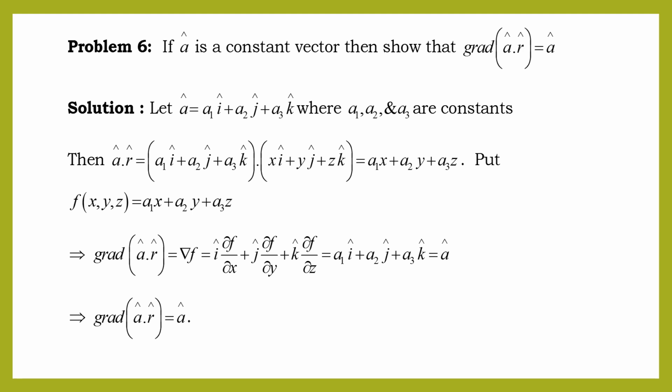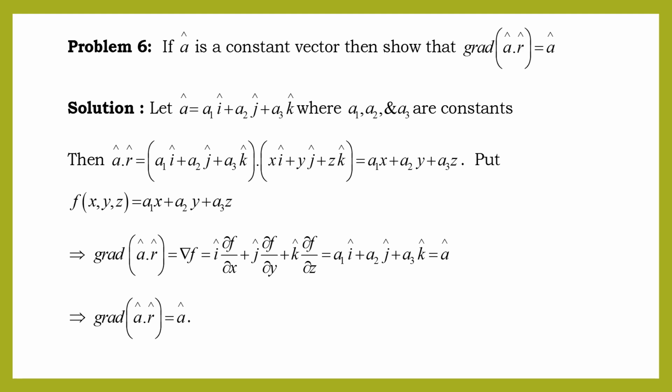So let us find out its gradient. Del of a cap dot r cap equals i cap dou by dou x of a cap dot r cap plus j cap dou by dou y of a cap dot r cap plus k cap dou by dou z of a cap dot r cap.